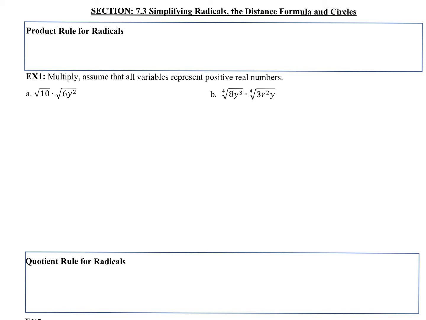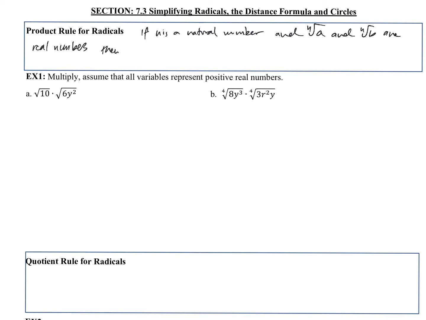So if n is a natural number, that's basically 1, 2, 3, 4, and on, and the nth root of a and the nth root of b are real numbers, as usual. What do we know?